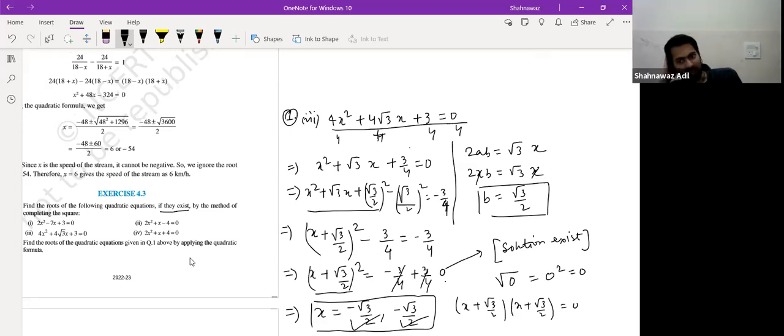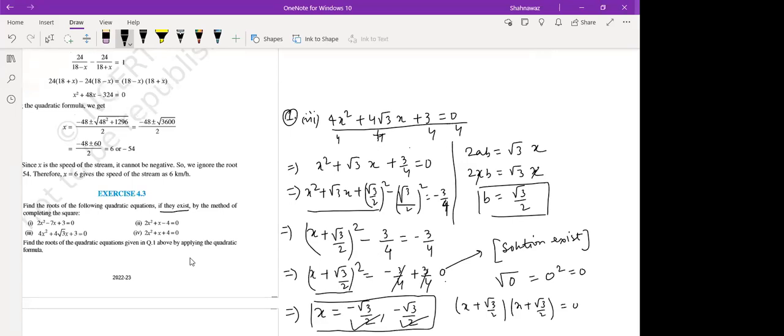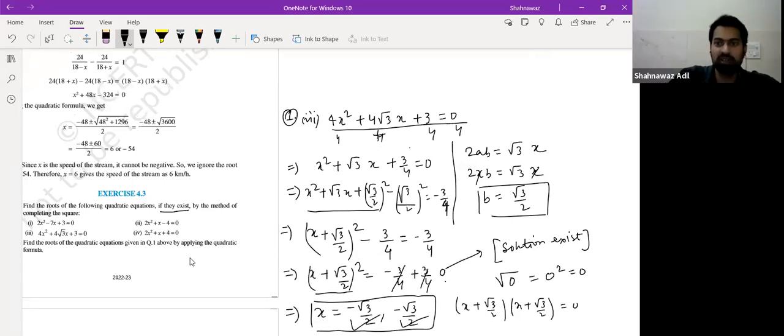Any doubt? You see that this is 0, so that is why the solution exists. If you have a negative number, then your solution will not exist. If we get a negative number, let's say minus 5, this root comes here, so we will get root of minus 5, which is not real.